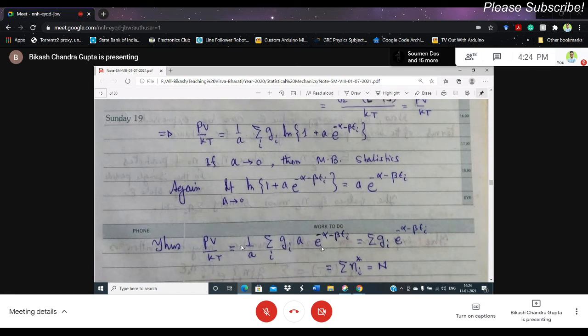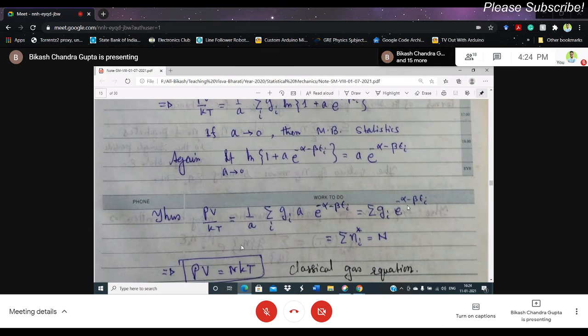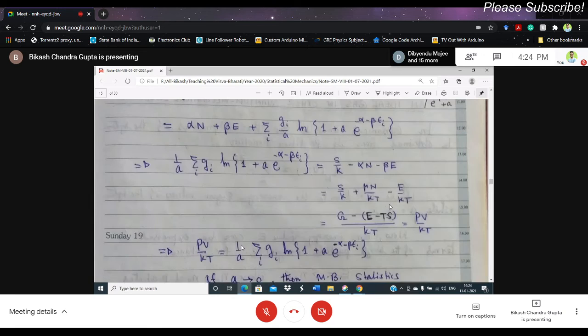Log of 1 plus x, with a tending to 0, will give this factor. Therefore PV by kT equals 1 by a sum over gi, then this is a, therefore minus alpha minus beta epsilon i, because of the sum over gi, a and a cancel, e to the power of this. And this is certainly this expression.